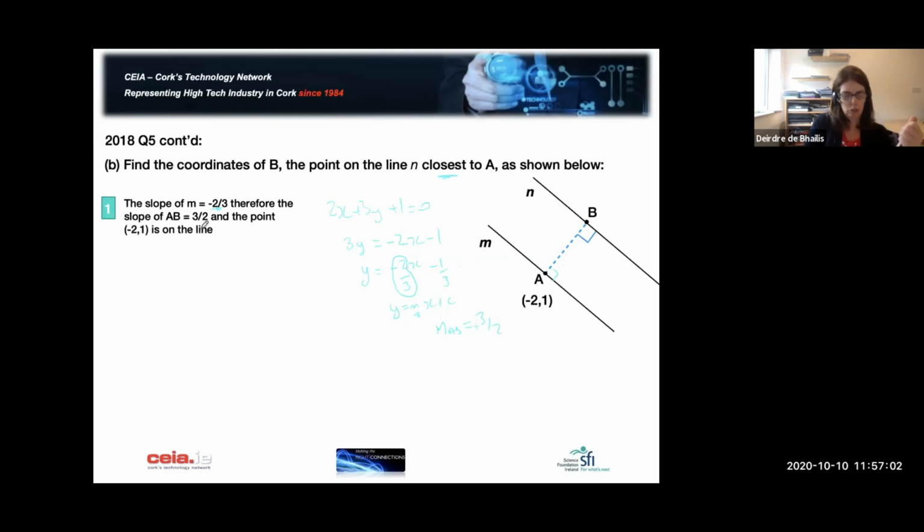So we have two slopes, and we have the point -2 and 1. If we know the slope and a point on the line, we can calculate its equation. We're using the general equation of a line formula. And populating that, there's our y1 and our x1, and this is our m.